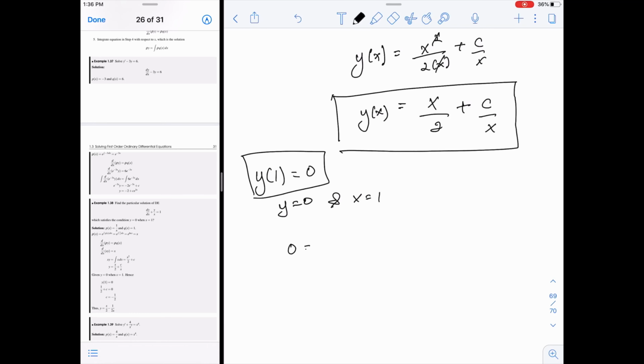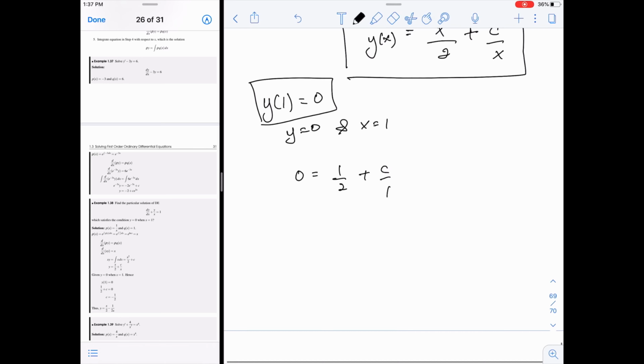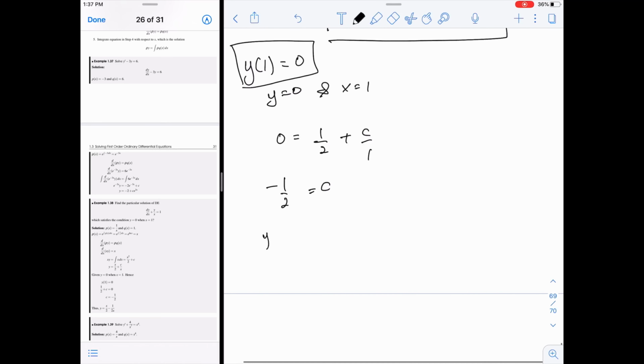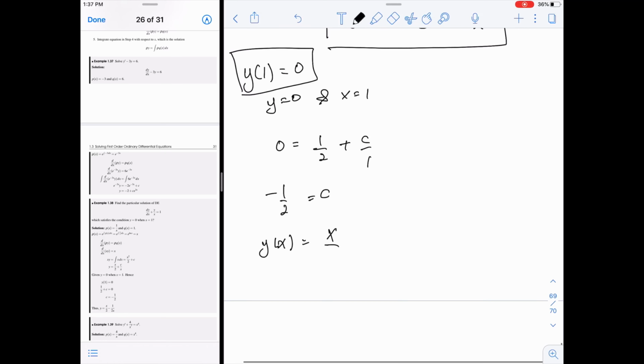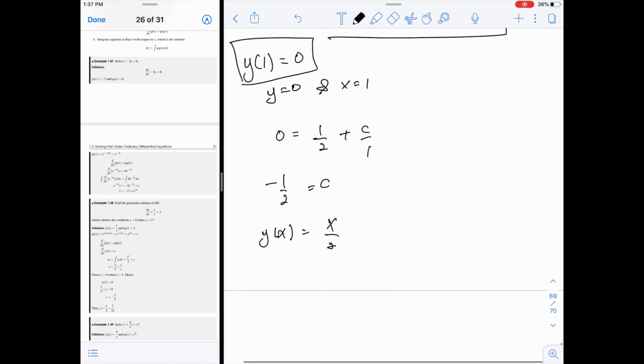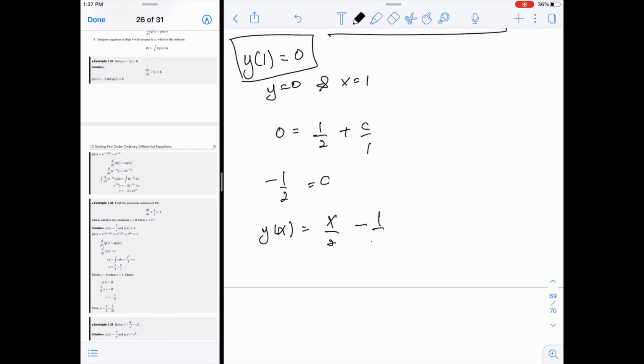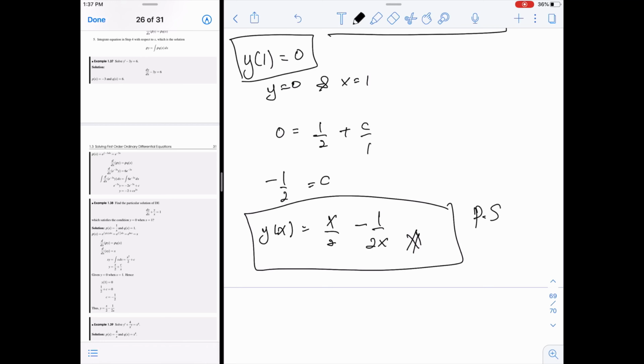So you have 0 equals 1 over 2 plus c over 1. So the answer for c is negative 1 over 2. So your particular solution now is x over 2 minus 1 over 2x. This is the particular solution that the question asks you to find.